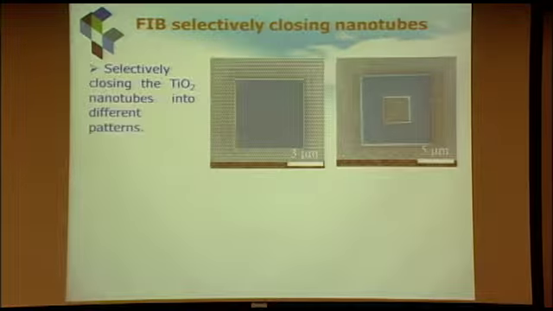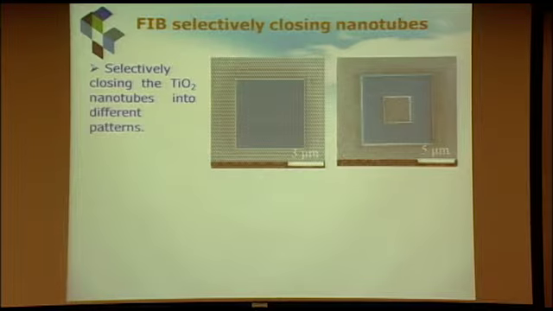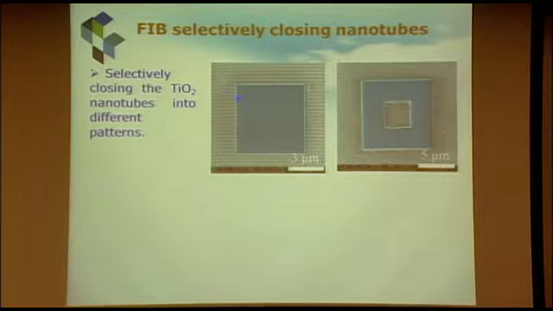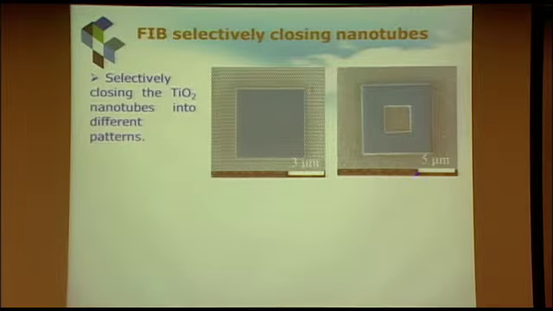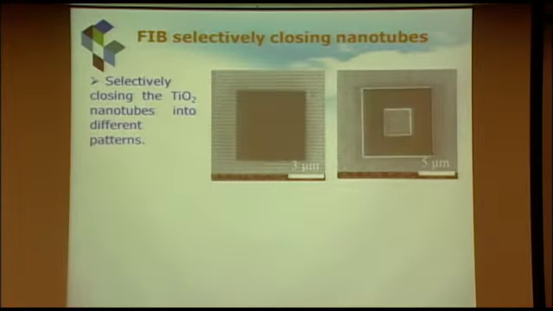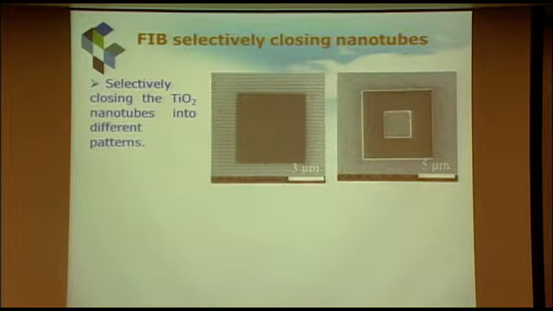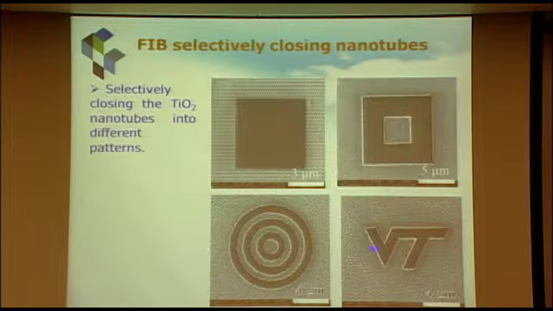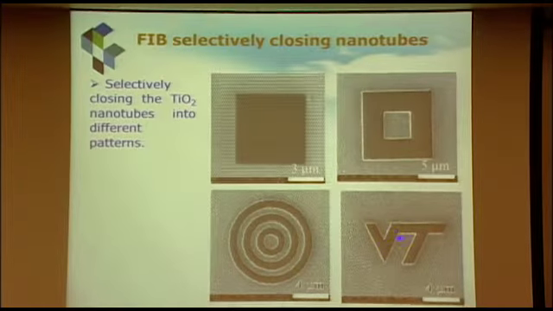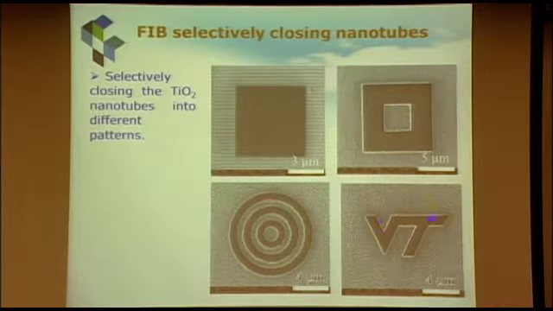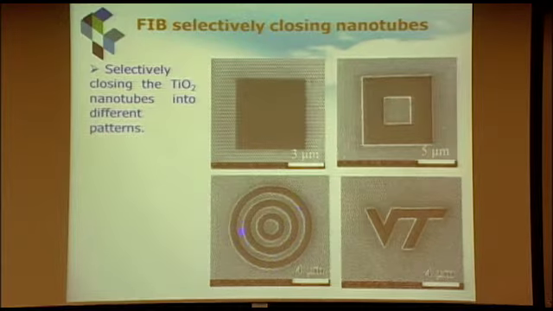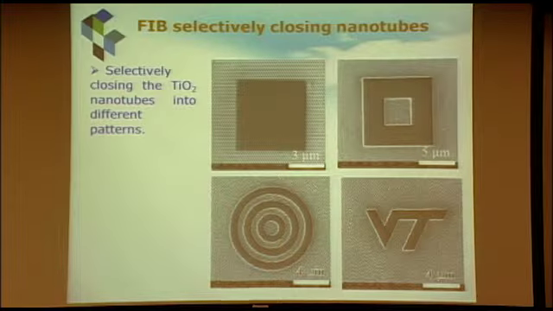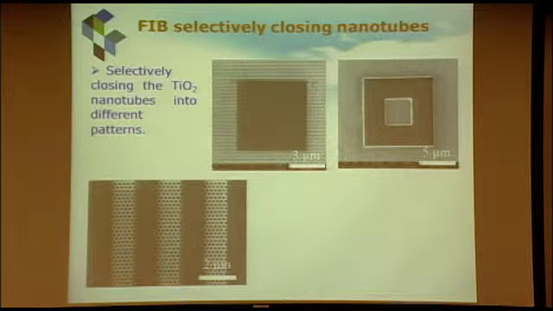We can close this, and then we can selectively, this is just more illustrations. We choose this region, we want to close them, and then you see we actually did. We closed them. And sorry, I didn't get time to do the CUNY thing. Here is the VT logo. We can do concentric circles, and then these things. We can do it pretty much any way we want.